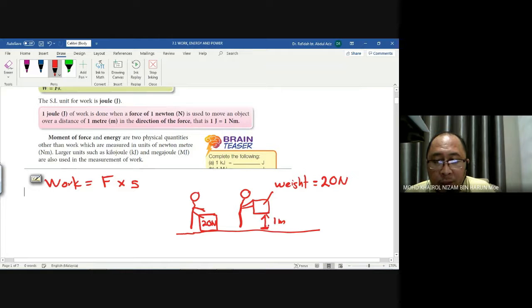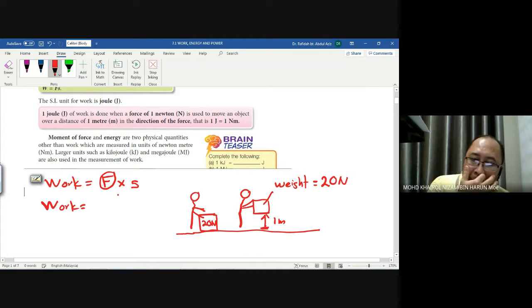With a distance of 1 meter, we can say that the work done by this activity, by this person, is force times distance. Where can we get the value of force?